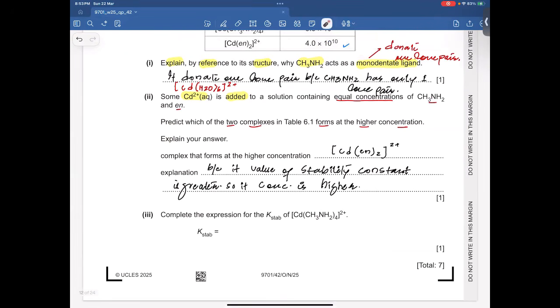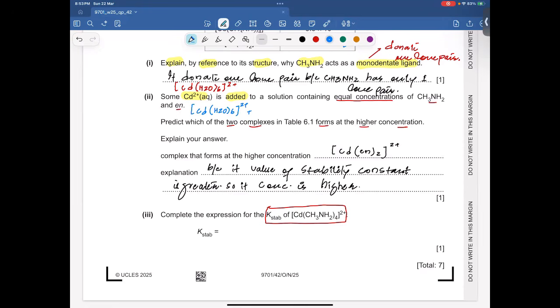We need to write the stability constant of this complex ion. So first of all, let me write the equation. This is [Cd(H2O)6] 2+ plus 4 aminomethane.